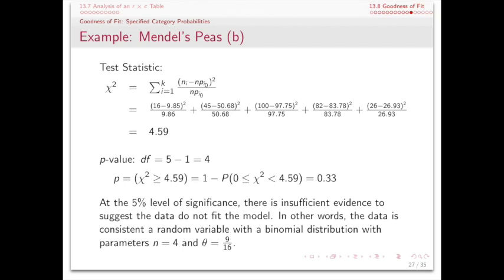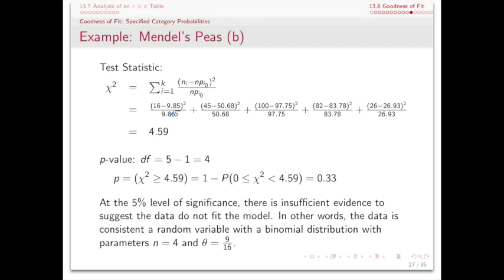Again, we'll compute our test statistic. We'll look at the observed value minus the associated expected value, square it, and divide by the expected value. I apologize, there is a typo right there. That should be a 9.85, not a 9.86. Doing this for all 5 categories gives us a test statistic of 4.59.